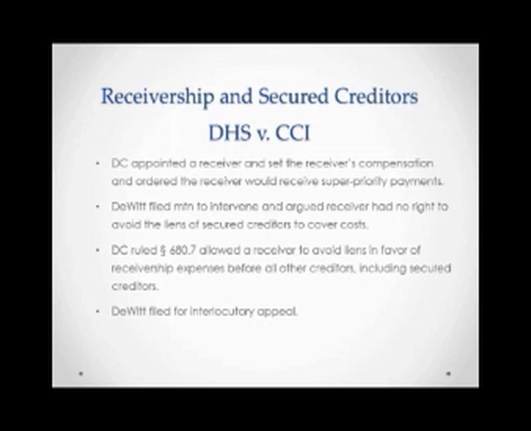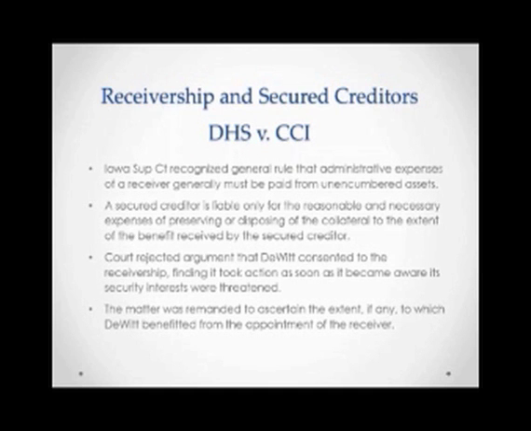So DeWitt filed a motion for interlocutory appeal. And there, the Iowa Supreme Court first recognized this general rule that administrative expenses of a receiver are generally paid from unencumbered assets. So don't go looking to secured assets if there's not really a reason to.